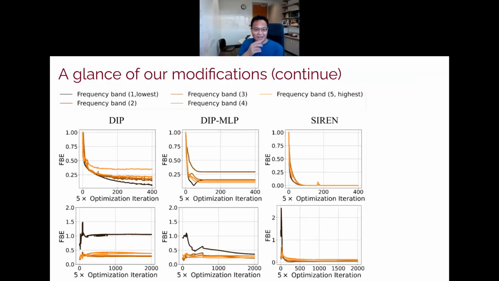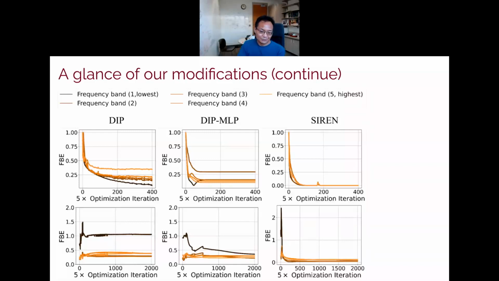Another important thing we have to modify is which architecture to choose. This is another factor whenever you apply the DIP kind of idea. What we found is that actually it's not a good idea to use DIP to represent the kernel. The image itself is fine, but the kernel's properties are very different from natural images.